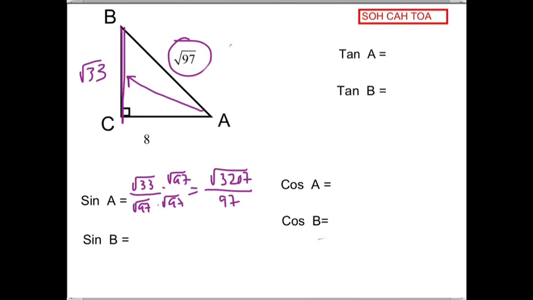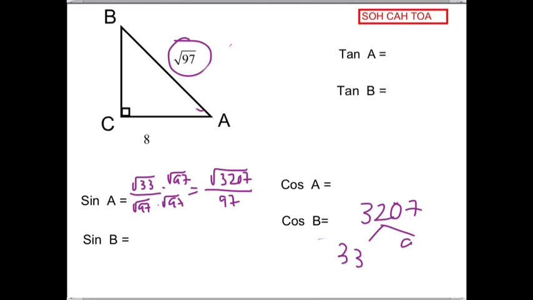Okay, sine of B is, and again, if you think about the prime factorization of 3,207, it's going to be 33 and 97. That's what I multiplied to get that. And 97 is a prime factor, and 33 is 3 and 11. So there's no perfect squares that I can pull out of that.